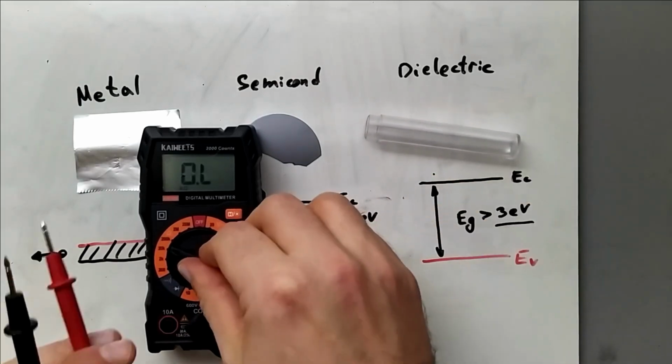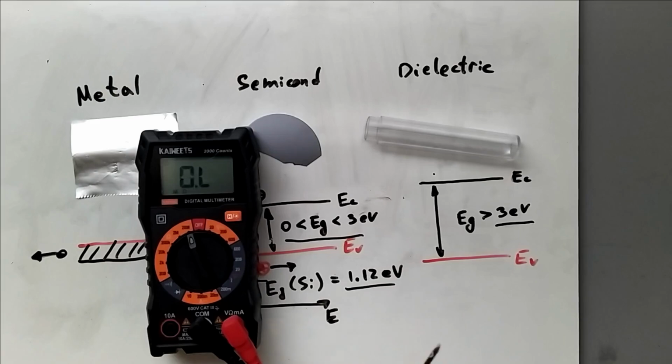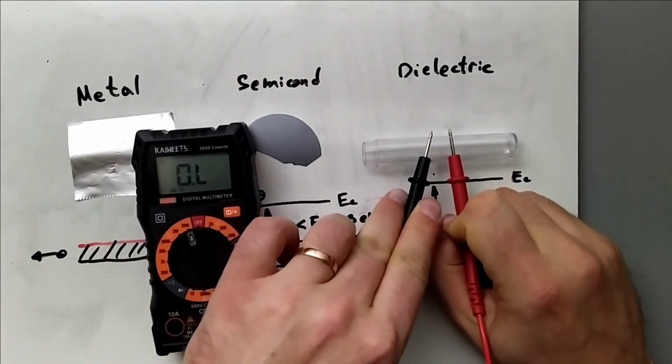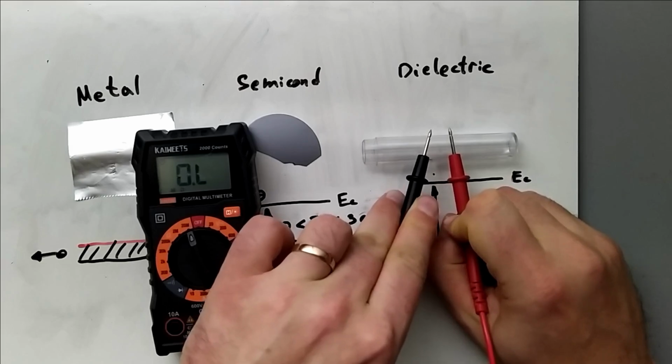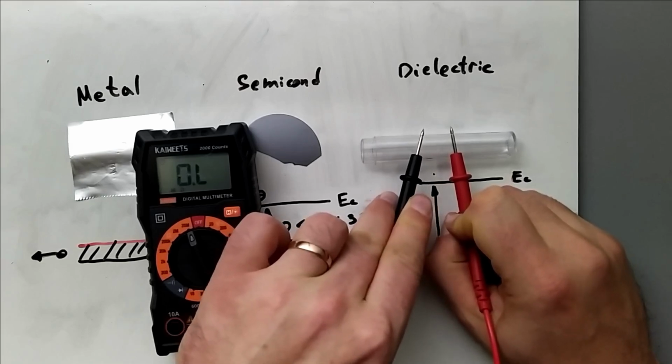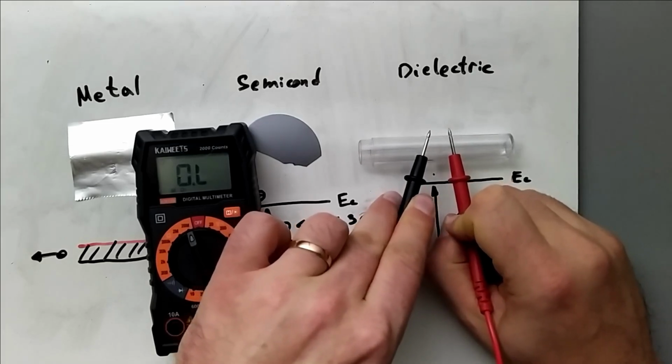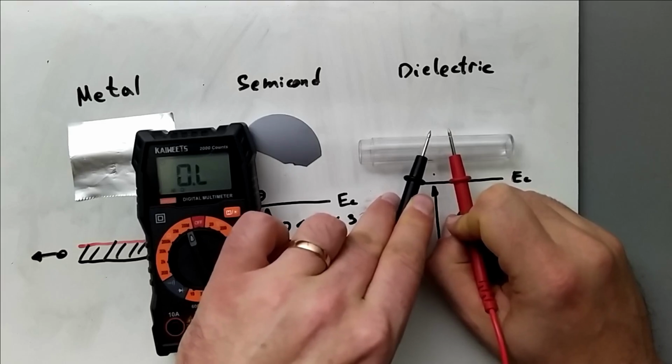Let's go to the maximum range, so 20 mega ohms. Let's check 20 mega ohms. So you see there is no current, meaning that the resistance of this material between the tips of the multimeter is larger than 20 mega ohm, which is quite a large value of electrical resistance.